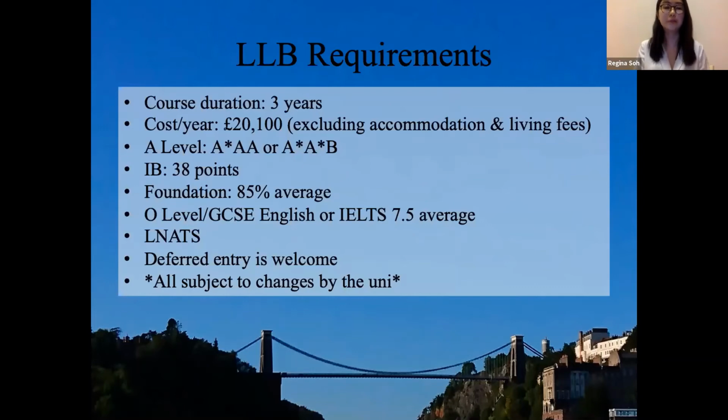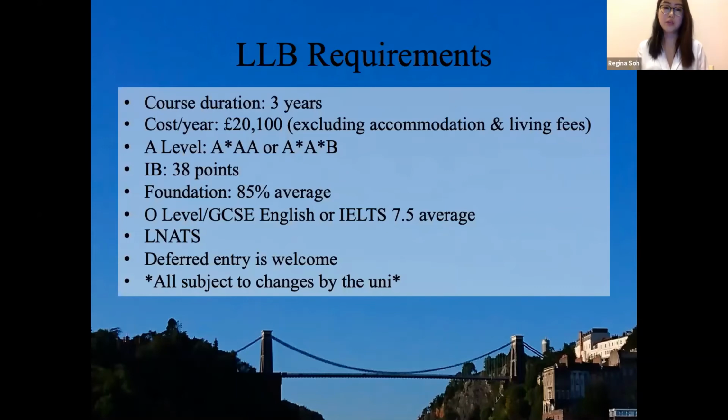So yeah, you will graduate with a Bachelor's of Law after 3 years. The cost per year will be 20.1 thousand pounds, and this is excluding accommodation and living fees. This is the estimate for this year, and it will depend on the year you go into law school, basically. Do check the website for Bristol.